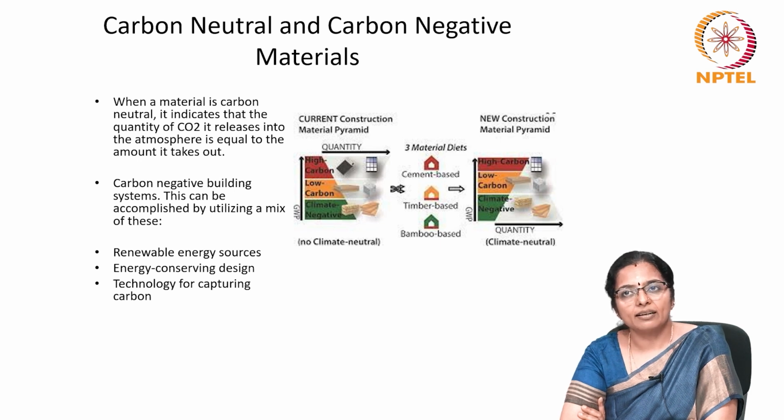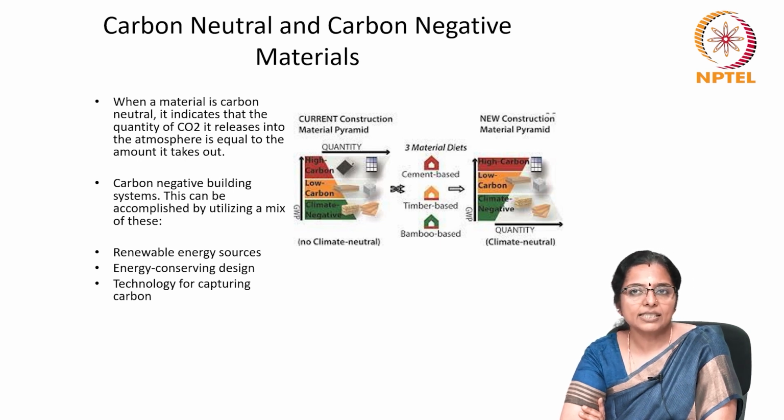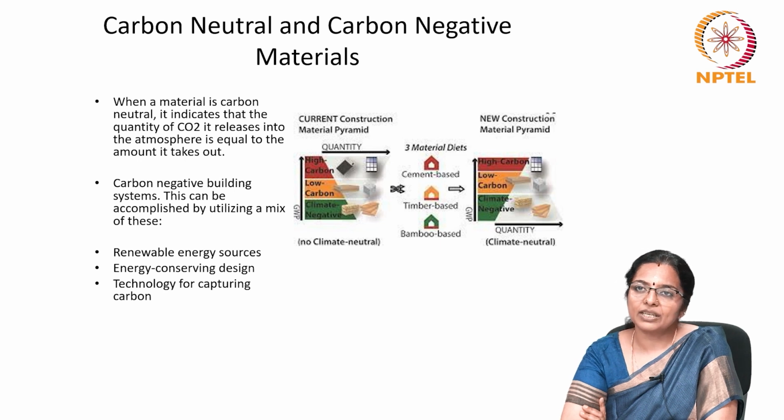Utilizing building materials and technologies that effectively remove carbon dioxide from the atmosphere can reduce the building sector's carbon emissions and is known as carbon negative building system. This can be accomplished by utilizing a mix of these: renewable energy sources, energy conserving design, technology for capturing carbon.